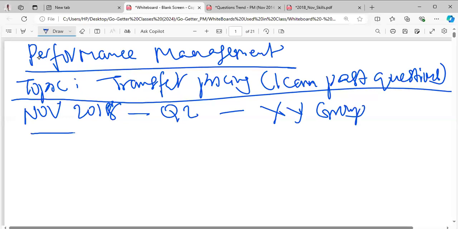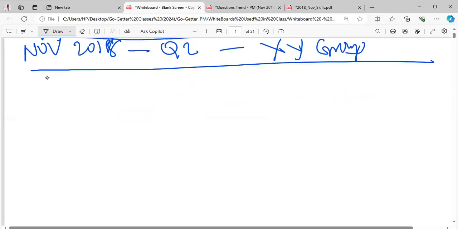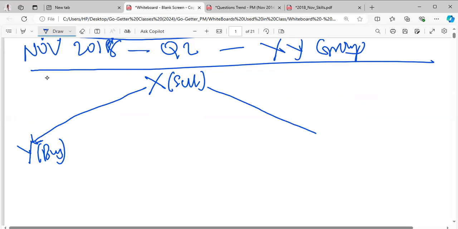So now you will make our preliminary calculation. This is your X. So this is the seller. Then we have Y, buy. We have external. All right. Now, the capacity of X is 35,000. So you have 35,000 capacity.